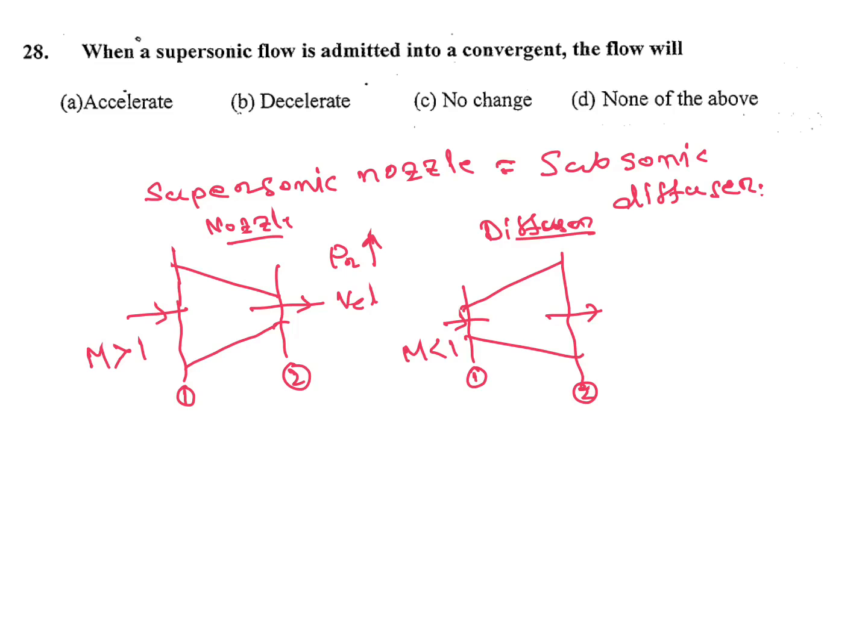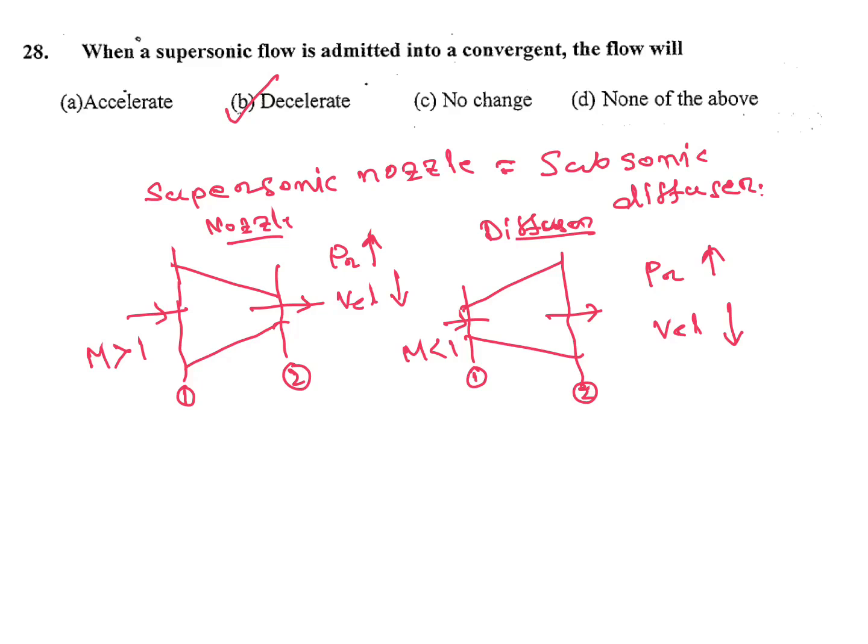In a subsonic diffuser also the same thing will happen: pressure will increase and velocity will decrease. So it's a decelerating flow, B is our answer. The mathematical equation I already told in my previous video, so you just remember these two figures.